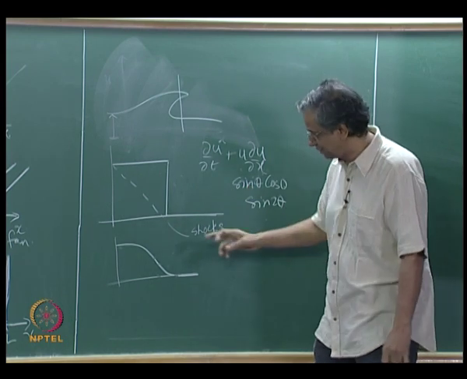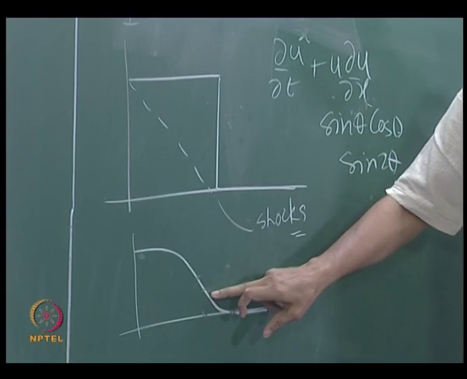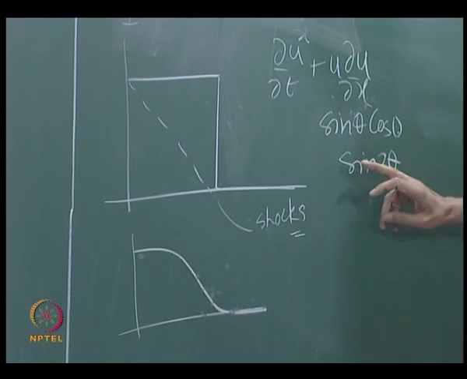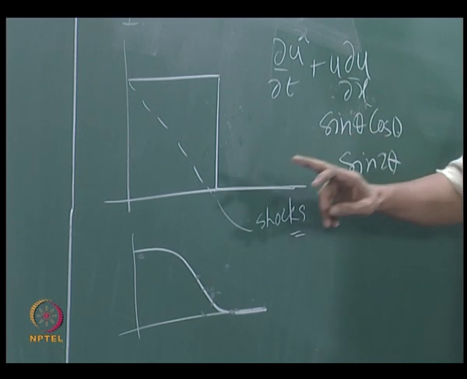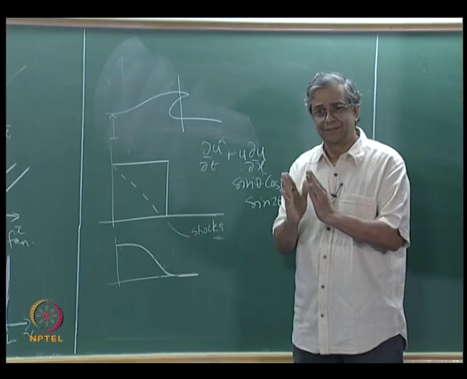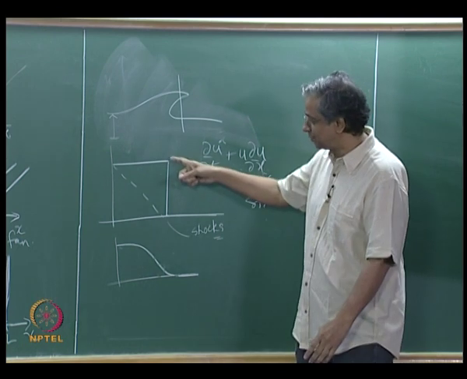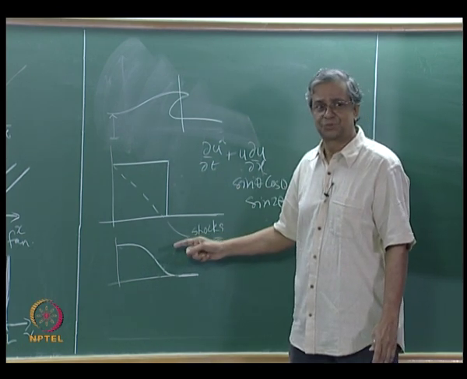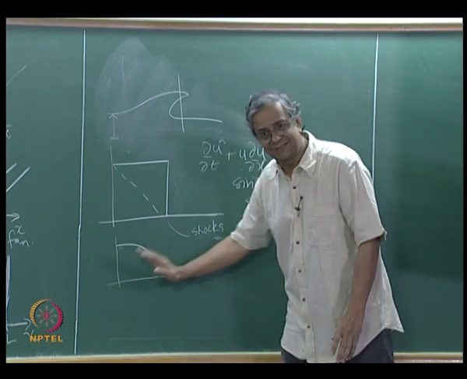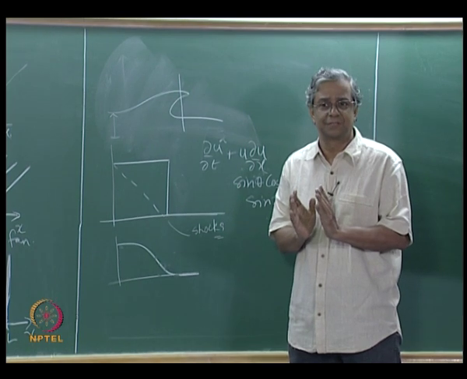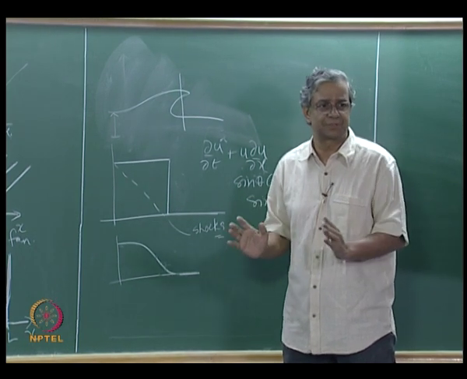Am I making sense? Viscosity is trying to do this, and the quasi-linear term is trying to push it back here, and they come to some kind of equilibrium. Left to its own devices, the quasi-linear term will actually give you a discontinuity. So viscosity has the opposite effect, which is why that balance is what gives you the thickness of that shock, and it depends on the viscosity of the fluid.